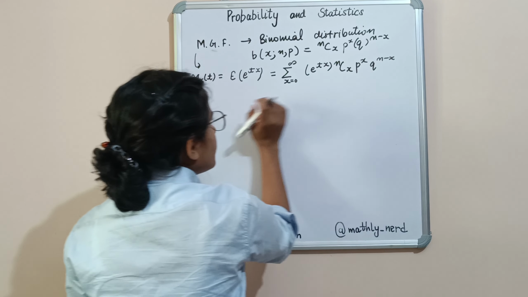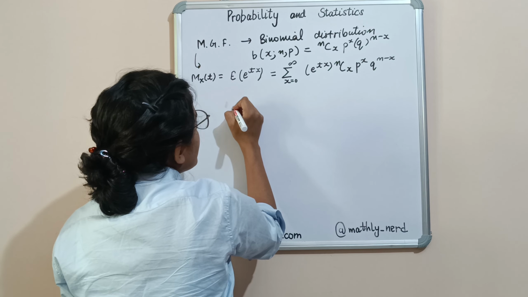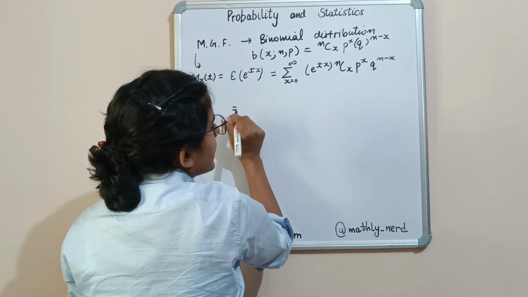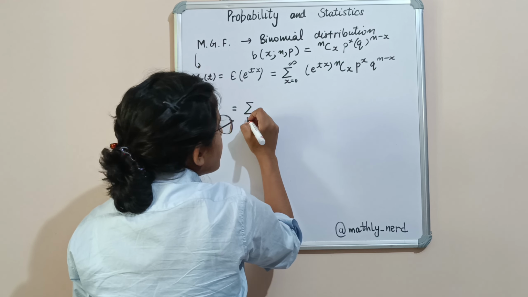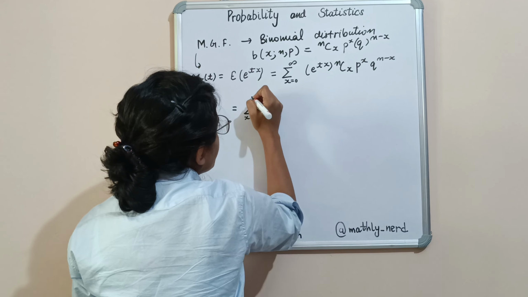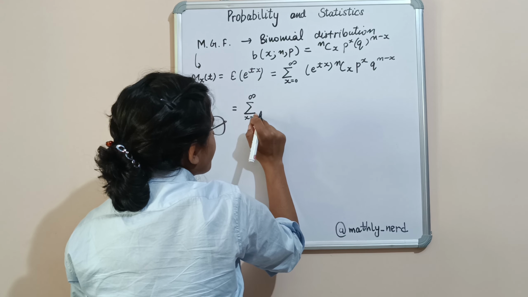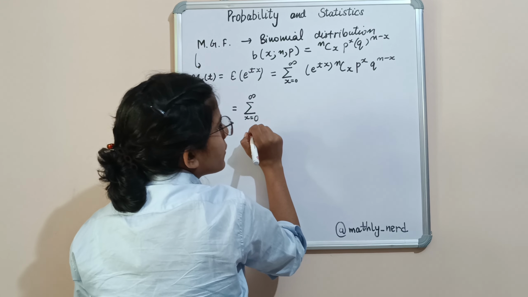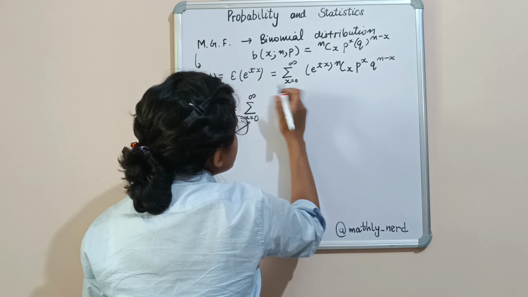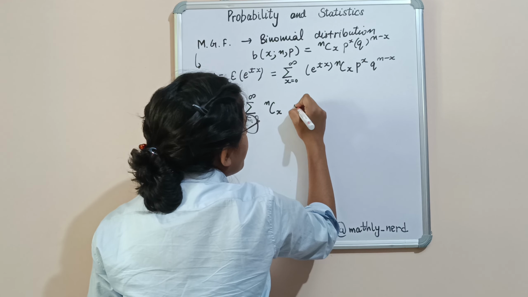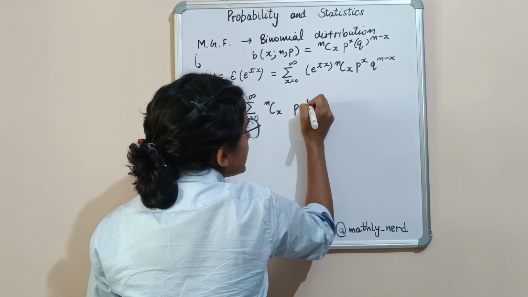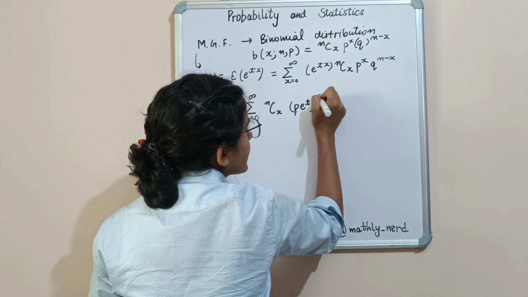Now if we expand this again, we will get the summation x equal to 0 to infinity of nCx (p e^t) raised to power x.